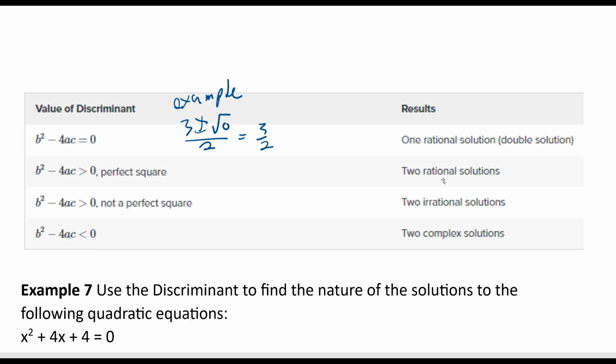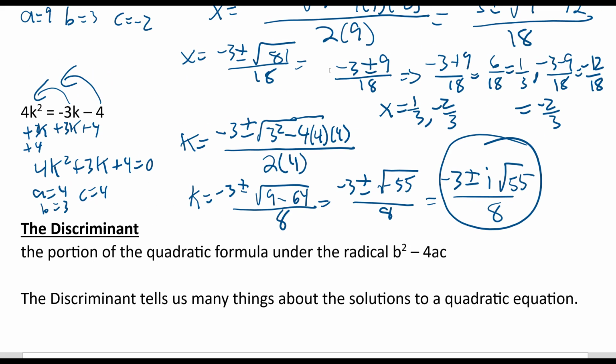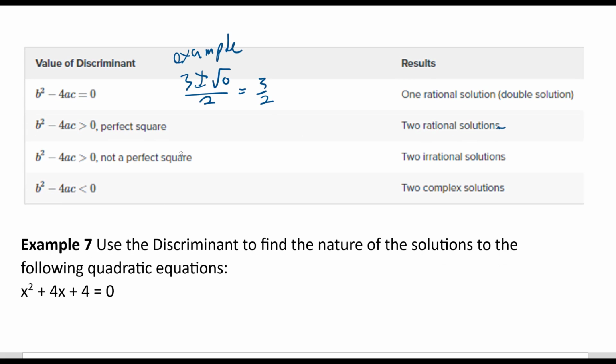If it's greater than 0 and a perfect square, meaning you can take the square root, there's nothing left, you end up with two solutions. And that was that first example we had up here, is that it ended up being an 81 under there, so square root of 81 is 9. So that cleaned up nicely. So two rational solutions.